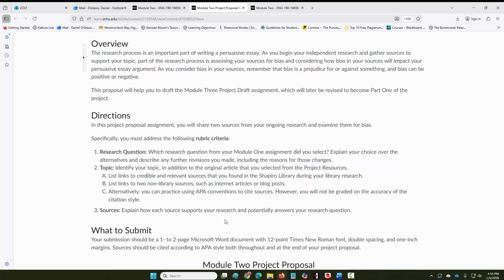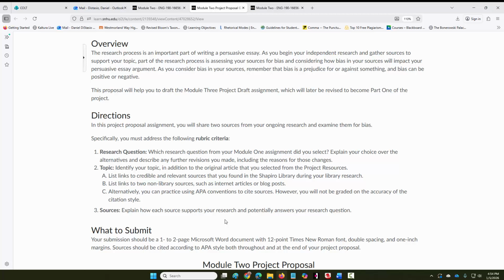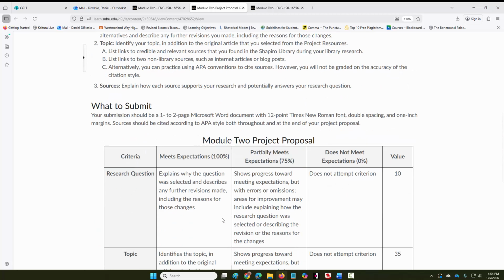Follow the lead 1, 2, 3, like research question, answer that in a paragraph. Topic, do A, B, C, so that it's clear that you're both meeting all the requirements and that it's easy to follow what your thought process is.